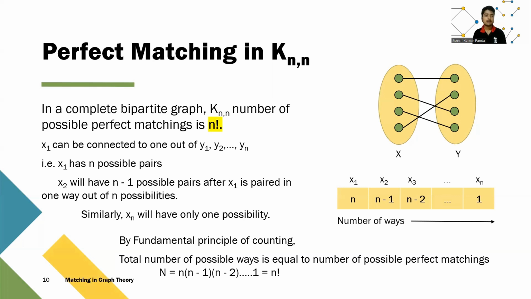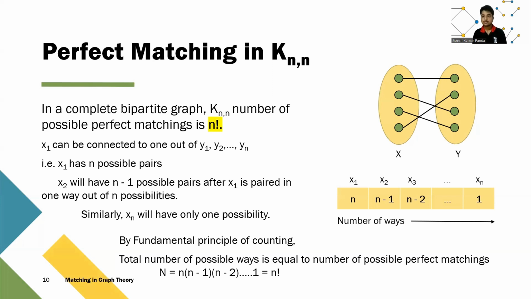So now our topic is a complete bipartite graph with an equal number of vertices in each partite set. So the possible number of matchings is n factorial. How so? Let us discuss. x1 can be connected to any one of the available vertices of Y. Means there are n possible pairs between x1 and any y.